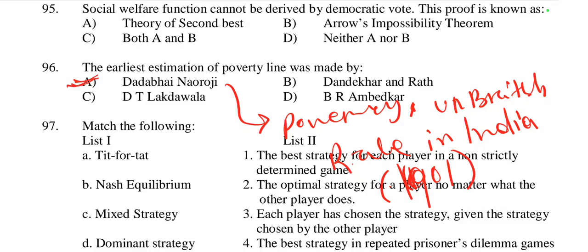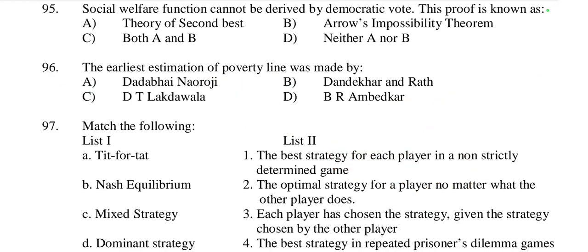In this book Dadabhai Naoroji first estimated the poverty line. Then other committees estimated different types of poverty line, BPL, APL, etc. So the first estimation of poverty line was by Dadabhai Naoroji.